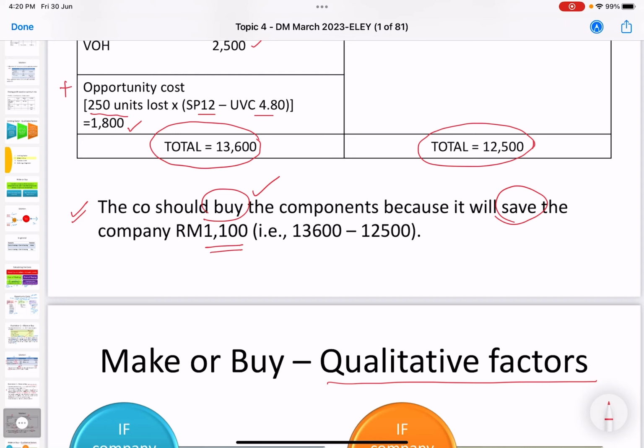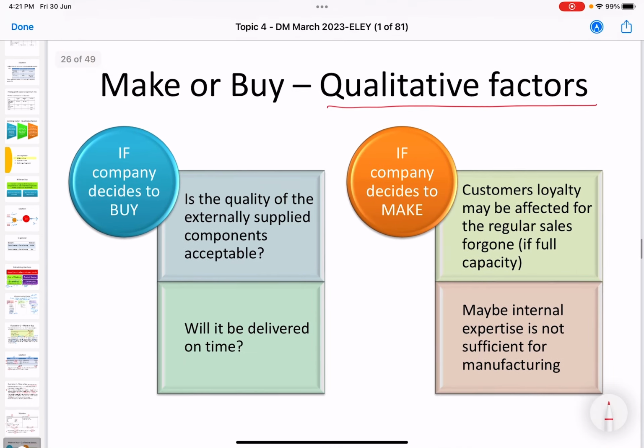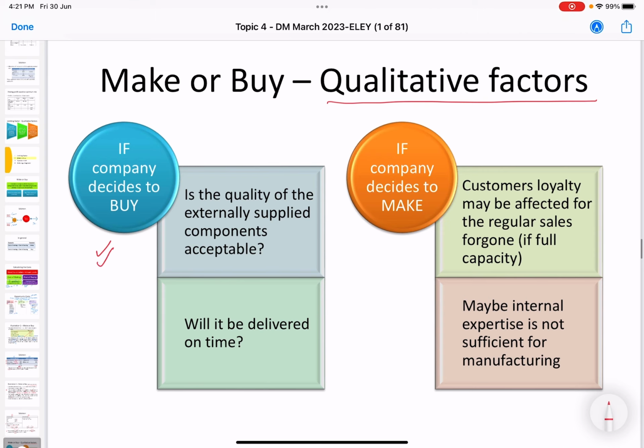Then as a management accountant, when you want to advise the company to buy, you must also consider this type of qualitative factors before the company finally decides whether the decision to buy the component from outside is good or not.